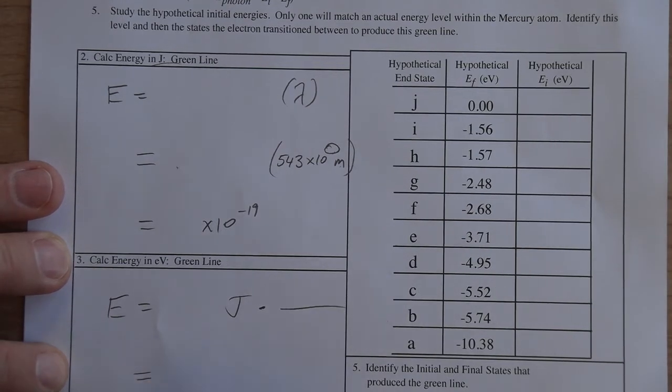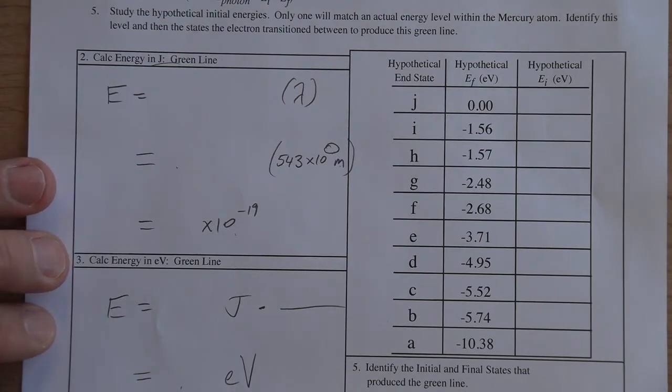And then just 2 steps, the answer here will be in EVs. Once again, as before, this number should be between 0 and 10. If you have some kind of power, 10 to the minus something or other, or 10 to the positive something, you did something wrong. It should just be a number between 0 and 10. Go ahead and do that calculation now.